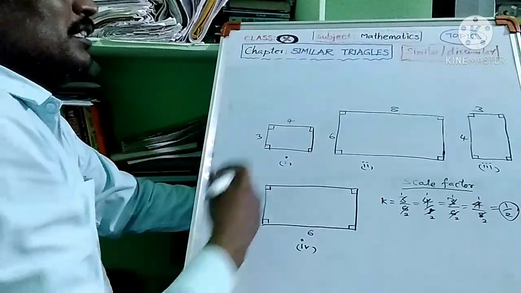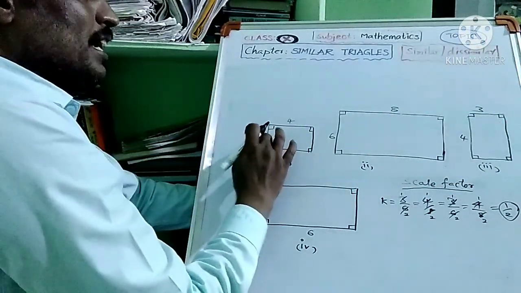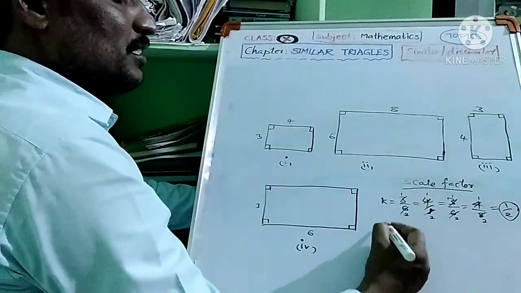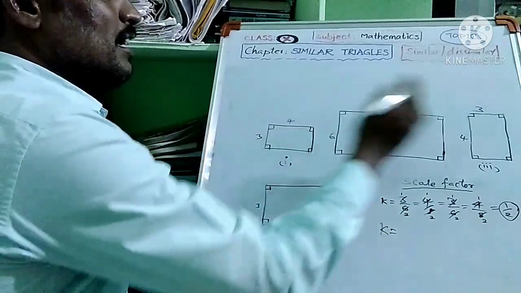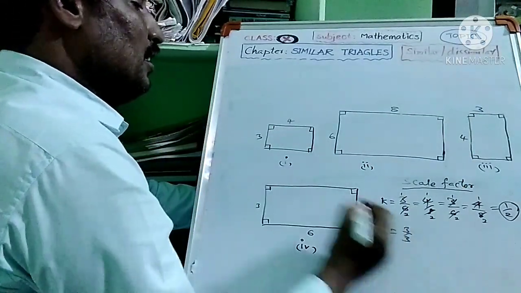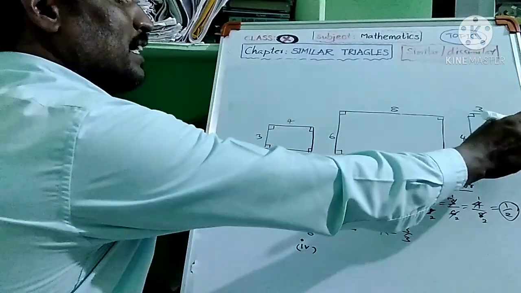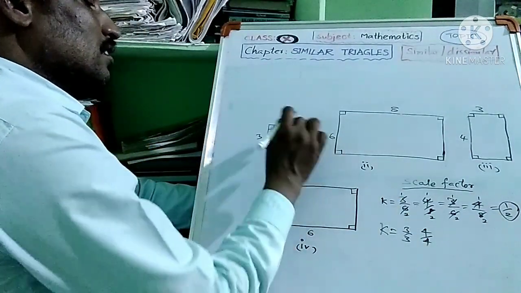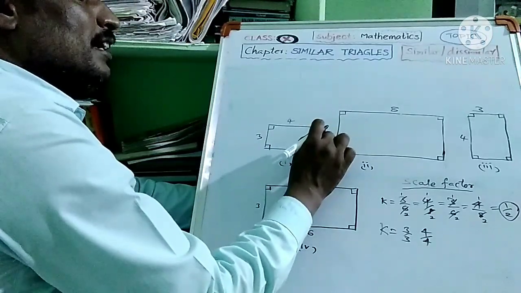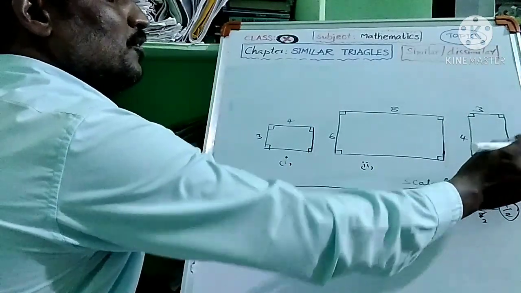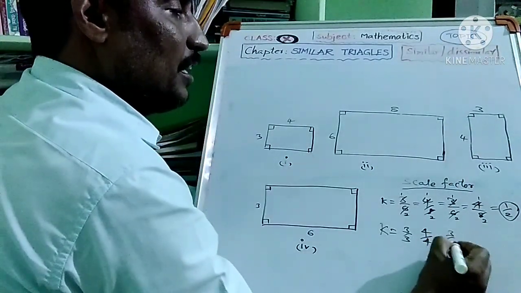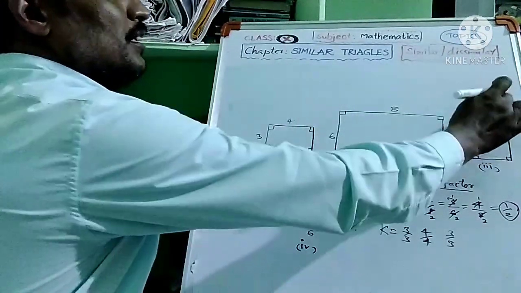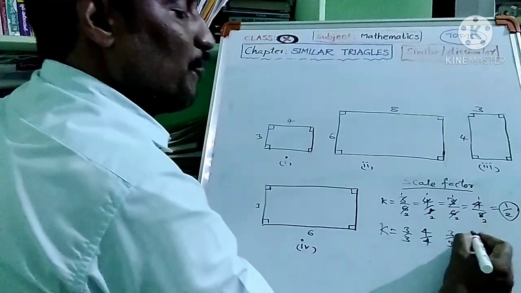Now, in a similar way, we have to observe the scale factor of these two figures. K is equal to 3 by 3, and 4 by 4, then 3 by 3, and 4 by 4.